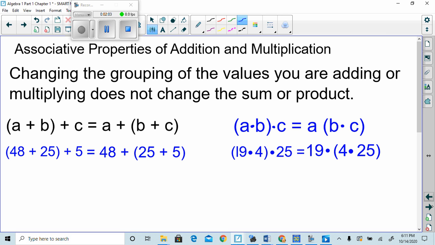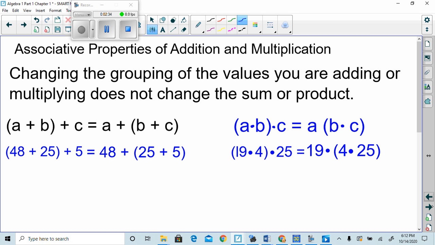The second property we're going to look at today is the associative property. Once again, it applies to both addition and multiplication. This one states that changing the grouping of the values when adding or multiplying does not change the sum or product. Once again, I put the general formula here, a plus b plus c equals a plus, and then parentheses, b plus c. It tells me in the first one, in my example, to add 48 plus 25 first, then add 5.